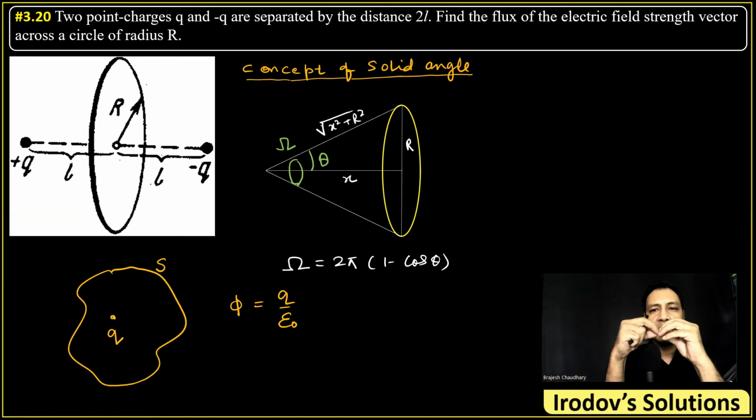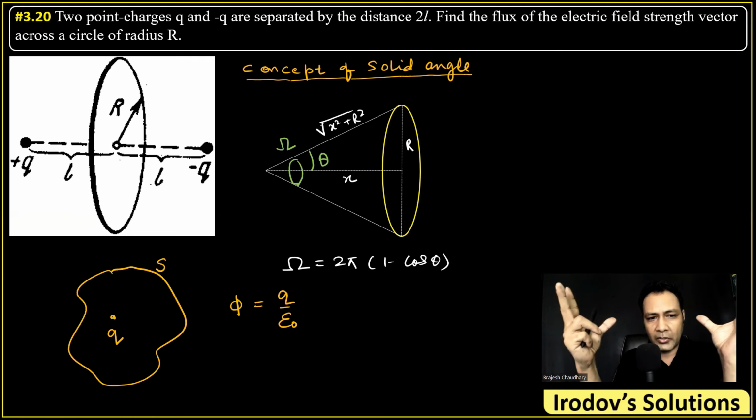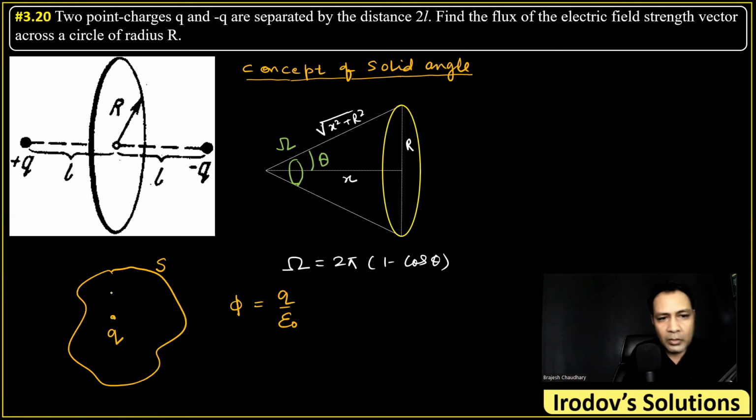Because if there is no other charge, it is an isolated point charge. So from that point charge, electric field lines radiate uniformly in all directions. The total field lines radiating here are spread in the 4 pi solid angle, and the total flux crossing through that 4 pi solid angle is q by epsilon naught.